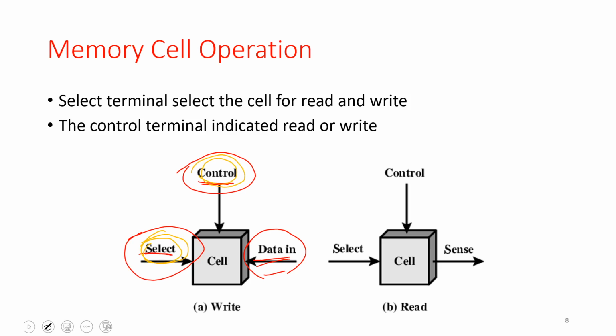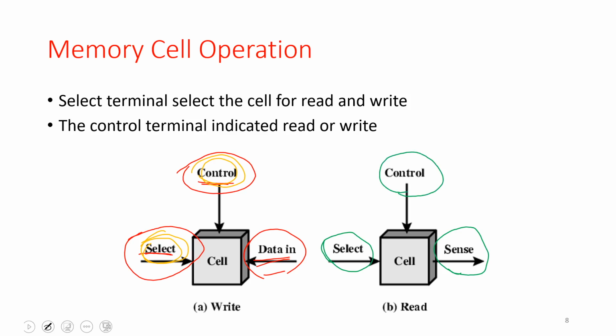Then if we look at the case of reading data, again we will select from where we want to read through the select line, and we will be waiting to get the information from the data bus or the sense point. Then we will specify whether it's a read or write through the control bus or control line.